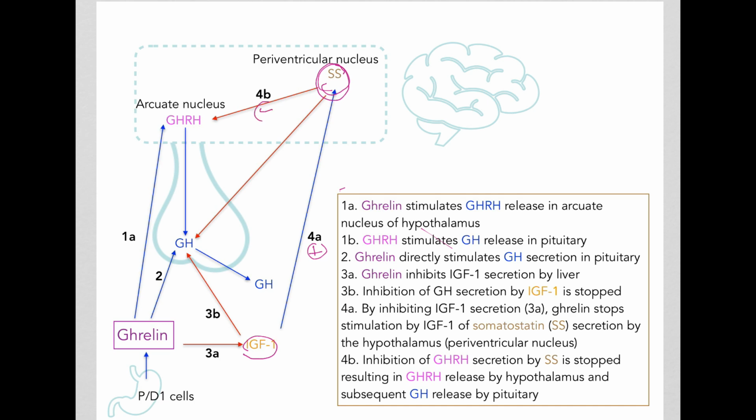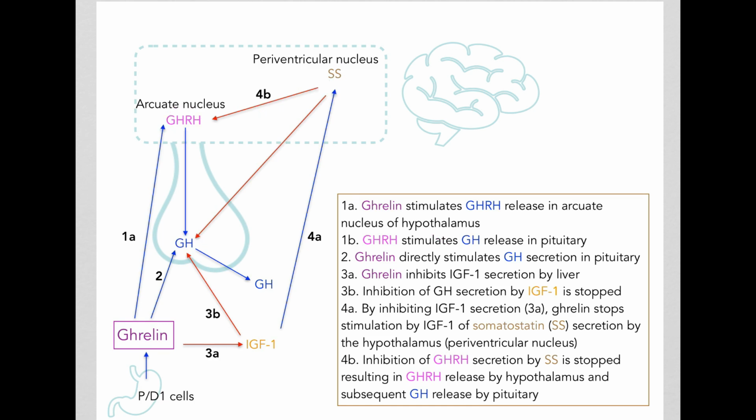One is that it inhibits the release of GHRH, and this GHRH is of course coming from the hypothalamus. The second is that somatostatin inhibits the release of GH by the pituitary gland.